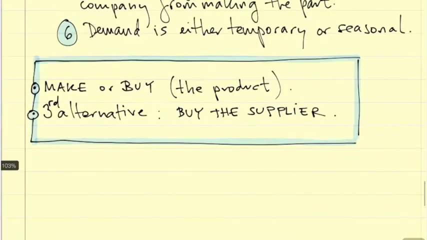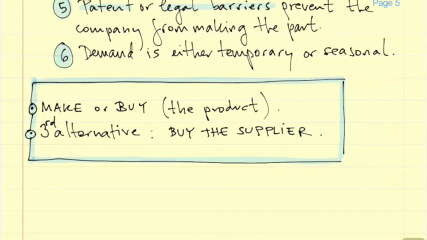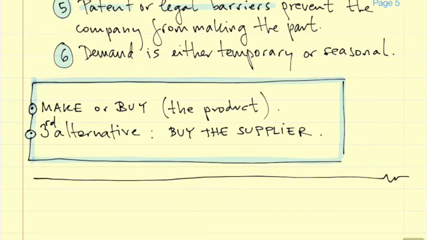So what approaches can we choose to perform a make or buy decision?